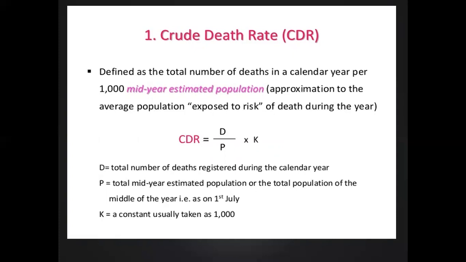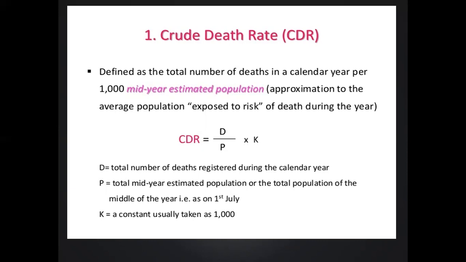Crude death rate CDR equals D by P times K. Here D equals total number of deaths registered during the calendar year and P equals total mid-year estimated population, that is the total population in the middle of the year, as on 1st July.